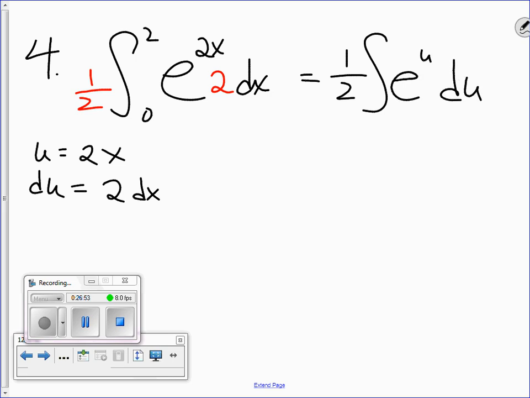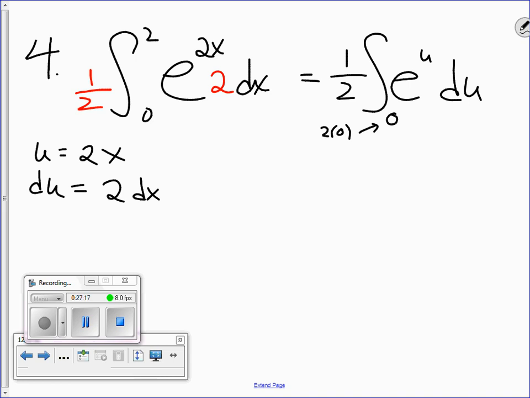Okay. Now, we're going to convert the limits of integration over too. That way we'll never have to switch it back to x's. So the lower limit of integration was x equals 0. u equals 2x. So what's the lower limit of integration in terms of u? 0, because 2 times 0, that's how we're getting that.